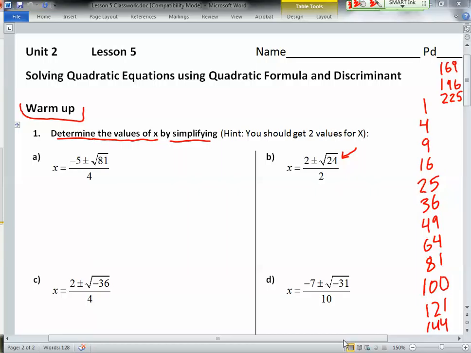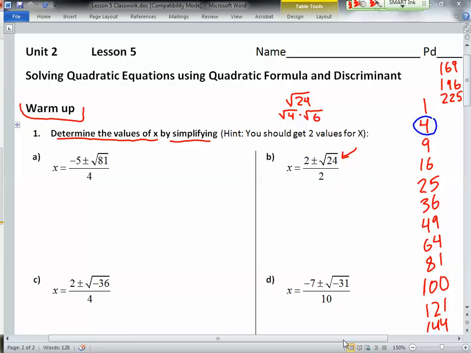Are any of them factors of 24? And I want the highest factor that's a factor of 24. So is 16 a factor of 24? No. Is 9? No. Is 4? Yes. 4 is a factor of 24. So just to show you guys up here how I could simplify, the square root of 24 would be the same thing as the square root of 4 times the square root of 6, right?